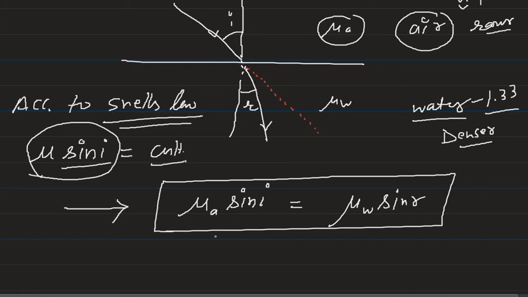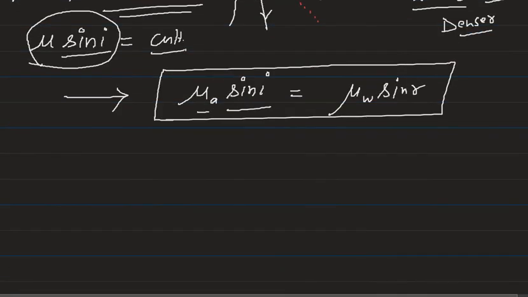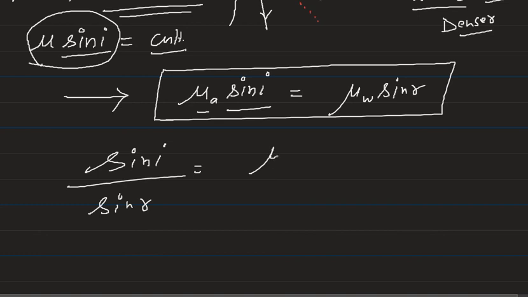This is the refraction there, so we apply Snell's law: the product is always a constant. Mu a, the refractive index of air, times sine I, the angle of incidence, is constant. That is known as Snell's law. It is one of the most important laws in refraction. You can write it as sine I upon sine R equals mu w upon mu a.